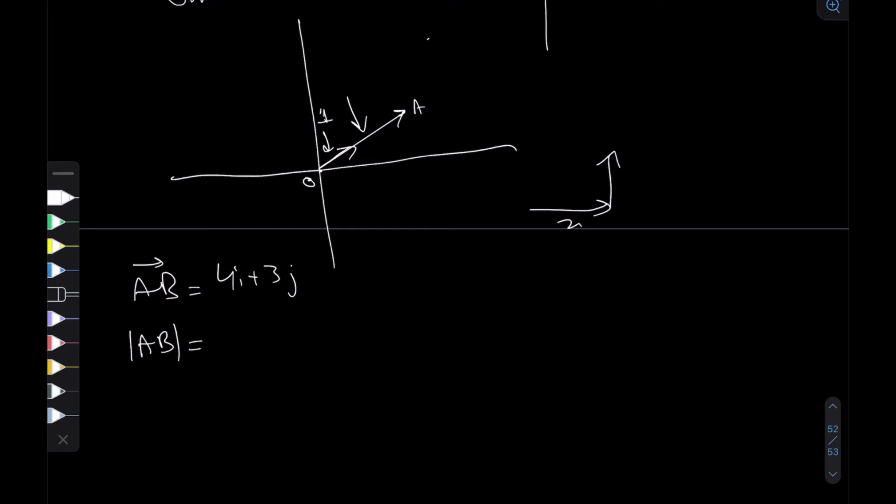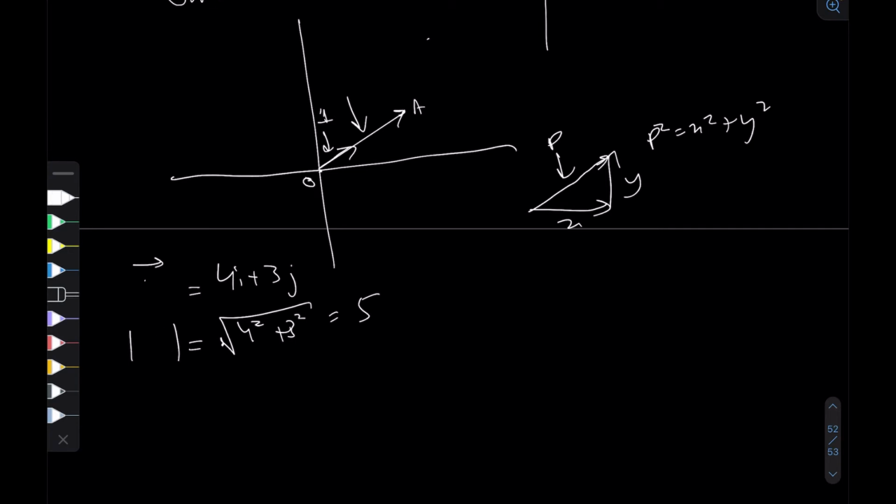If you have any x and then y, you just need to find this length. So this length, let's say, is some p. So p squared will be equal to x squared plus y squared, and then you can square root this. And so we see that the magnitude of OA will be the square root of 4 squared plus 3 squared, and this turns out to be 5.